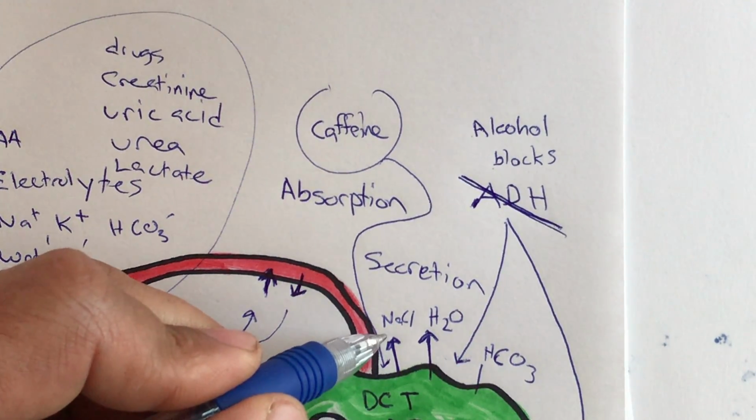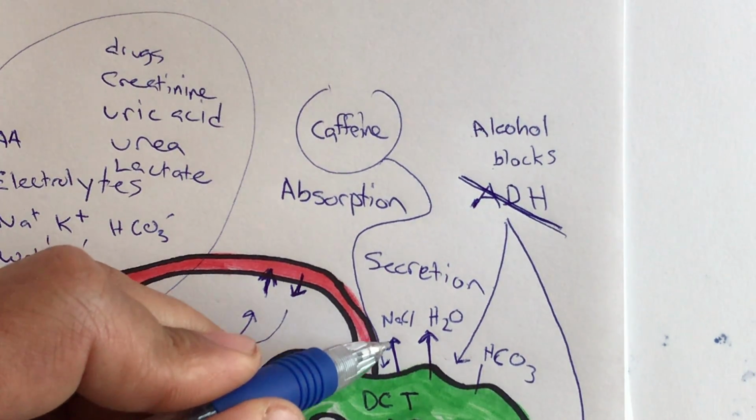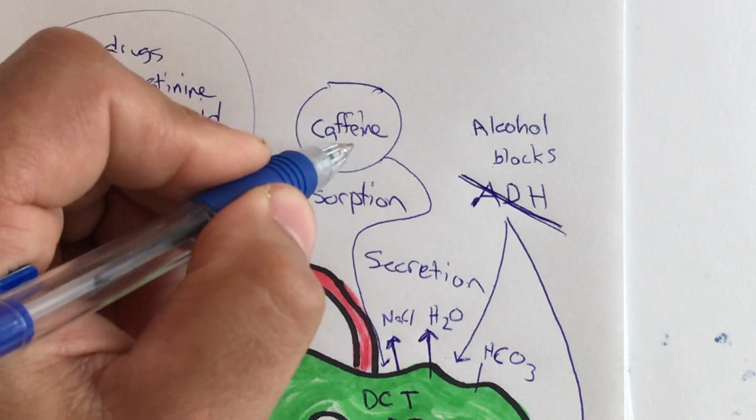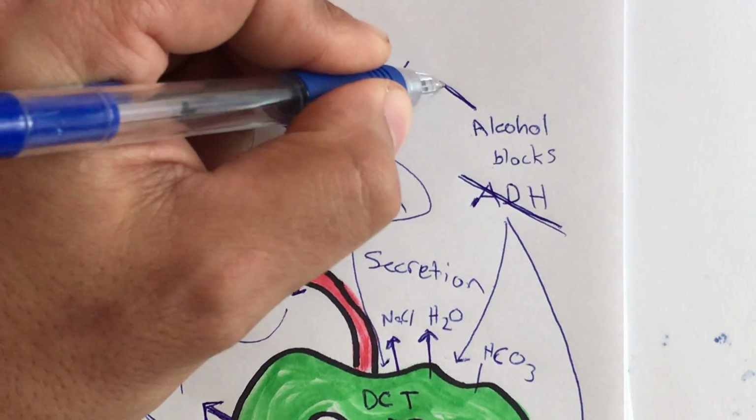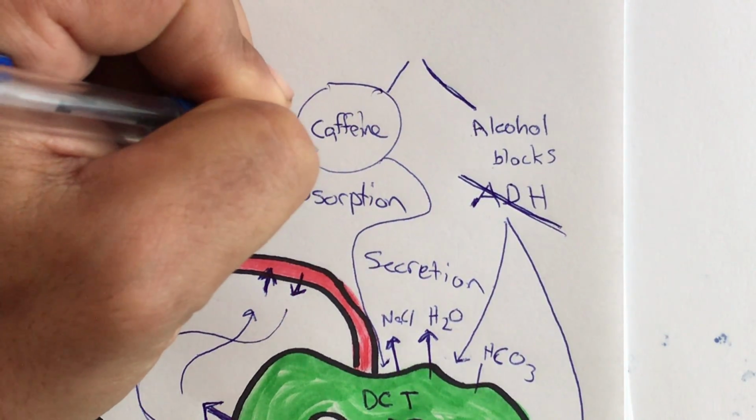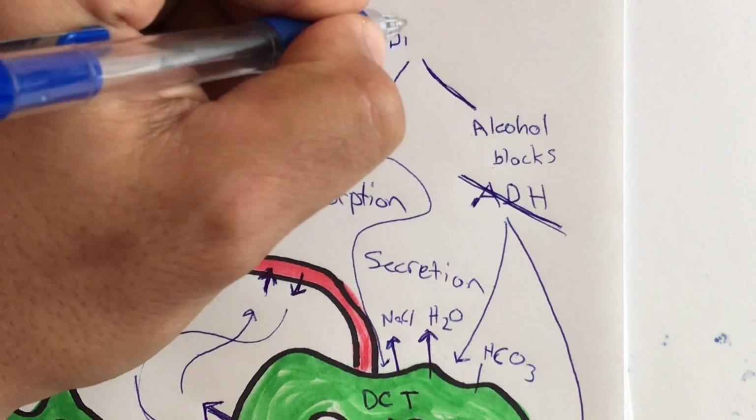And if we don't reabsorb sodium and chloride, we don't reabsorb water, and therefore caffeine is another diuretic. Both alcohol and caffeine work somewhat in the same way, and these are diuretics.